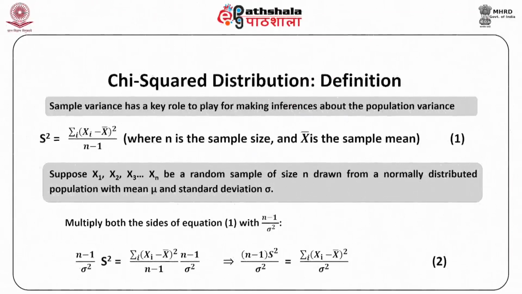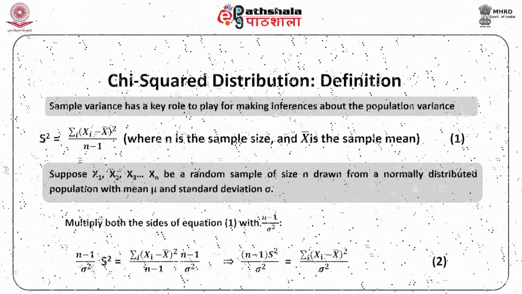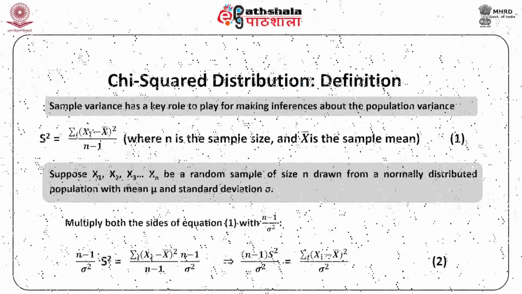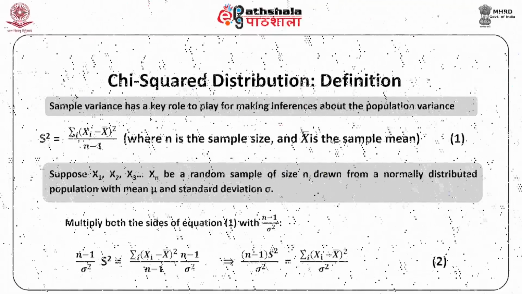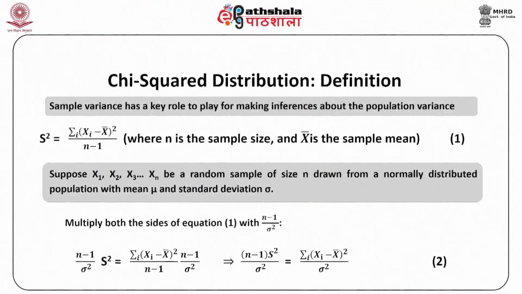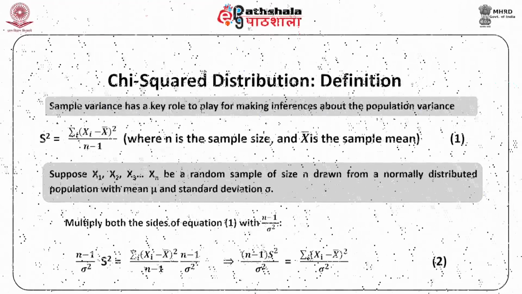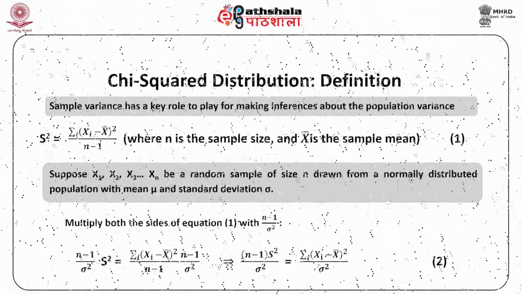If you simplify this, on the left hand side we have (n minus 1) S square upon sigma square, and the right hand side simplifies to the sum of (xi minus x bar) square upon sigma square. Let me denote this as the second equation.